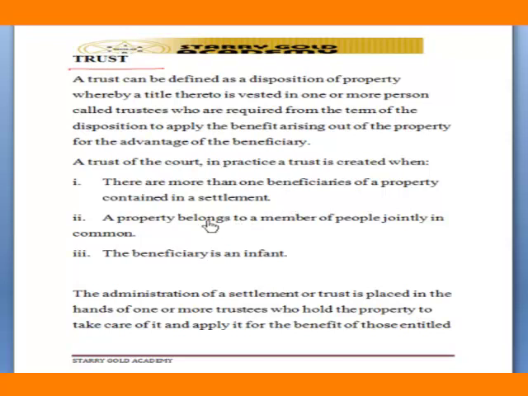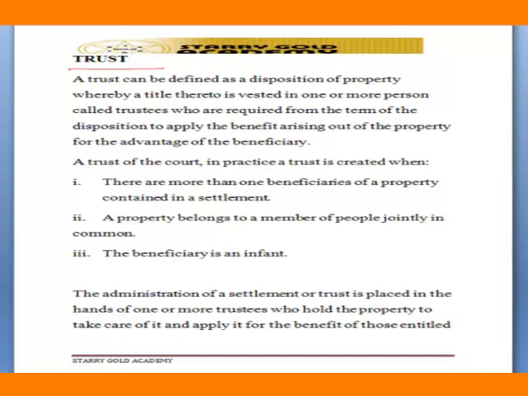These persons are vested with the power to dispose of the property of another person. But they are doing that for the benefit of the beneficiary. They will apply whatever comes from the disposition for the benefit of the beneficiary.